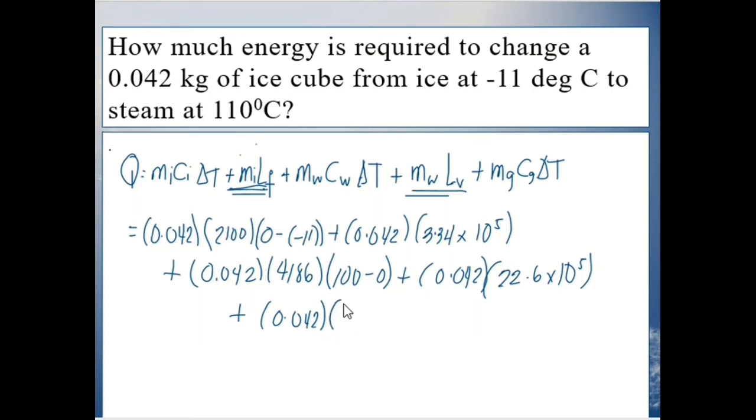And the C for water vapor is 2010 joule per kilogram Celsius degree. And its delta T is from 100 to 110, so final minus initial, that's 110 minus 100.